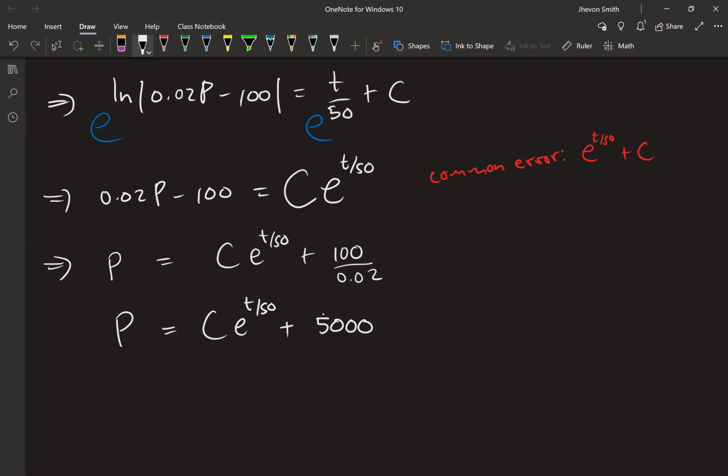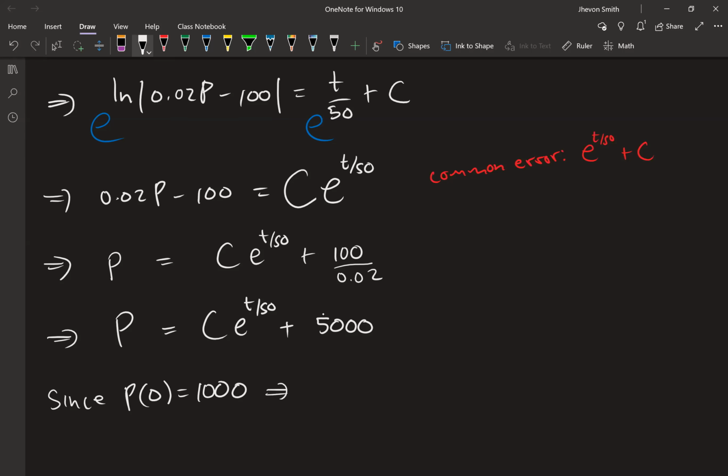Okay, checking to see if you guys are falling asleep. But are we done here? You need to solve for C, right? So we have an initial condition. We know that P of 0 equals 1,000.